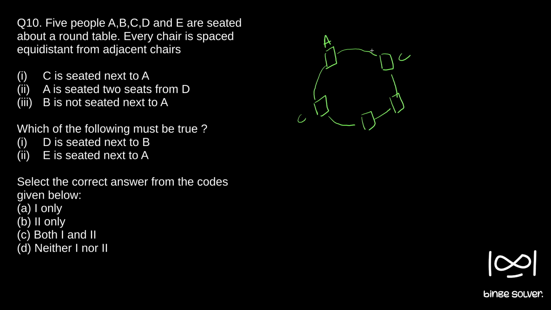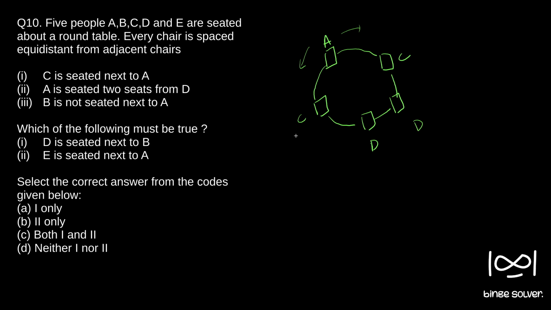If you go this way, D will be here, or if you go the other way, D could be here. Both possibilities are there.